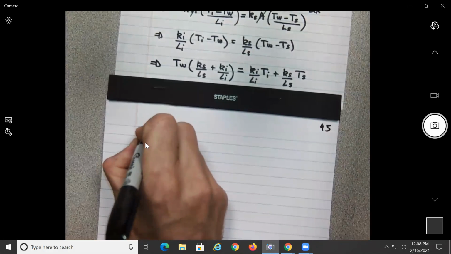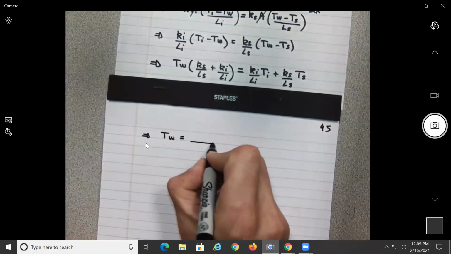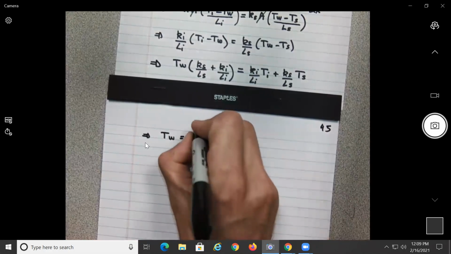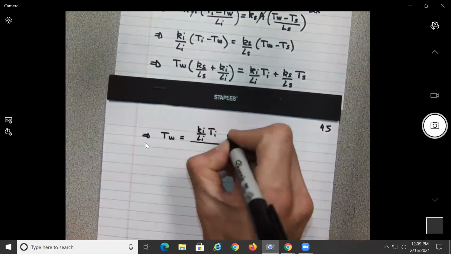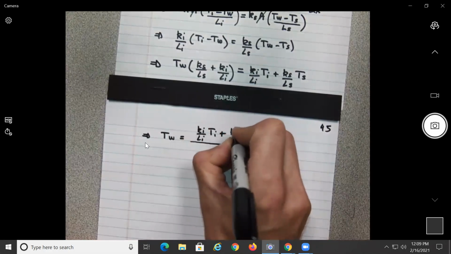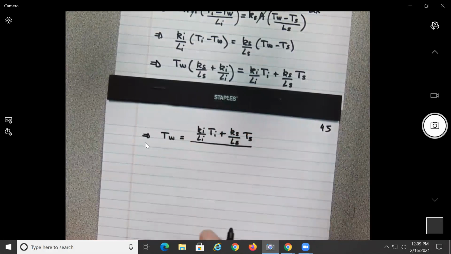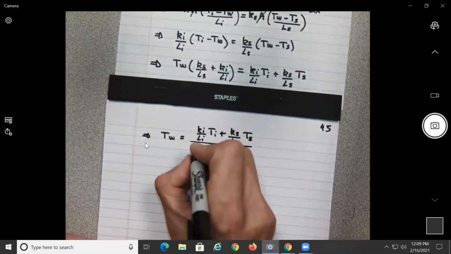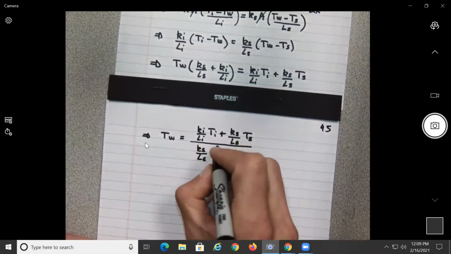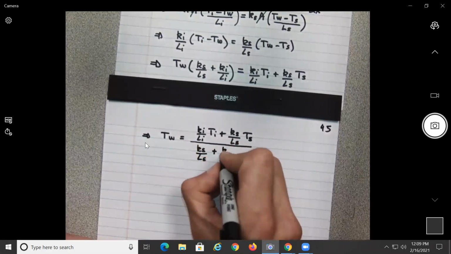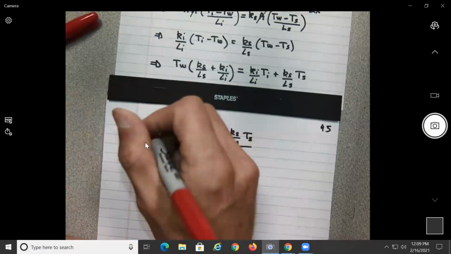So this will give us that T wall will be equal to K sub I, L sub I, T sub I plus K sub S, L sub S, T sub S divided by K sub S, L sub S plus K sub I, L sub I.